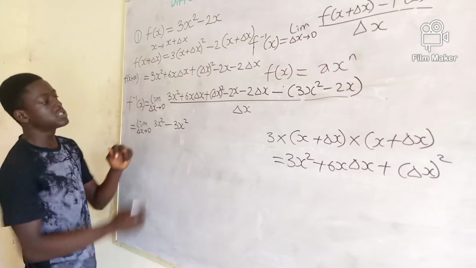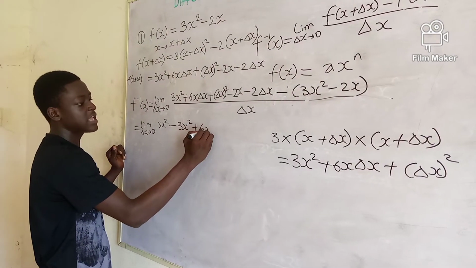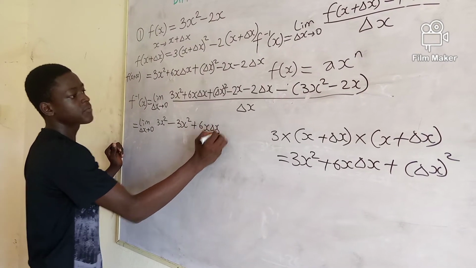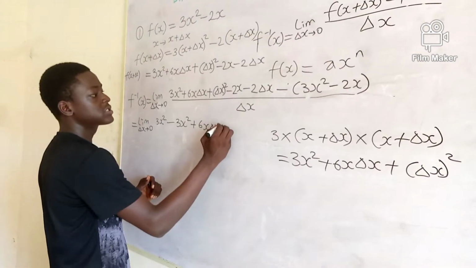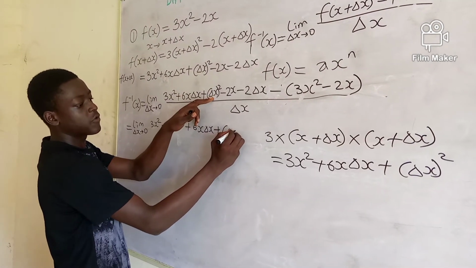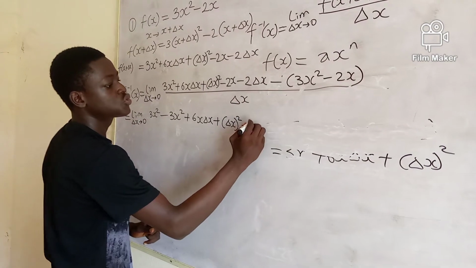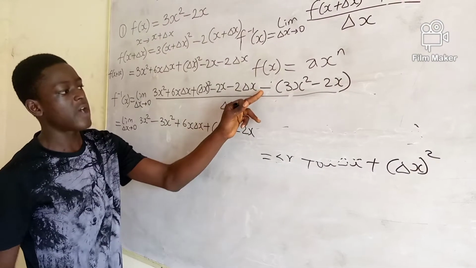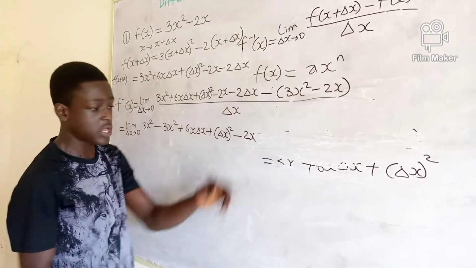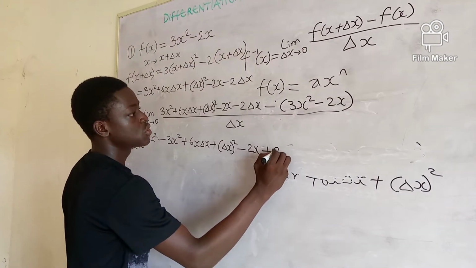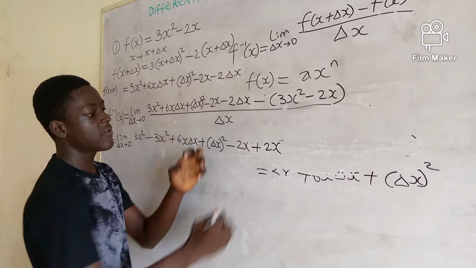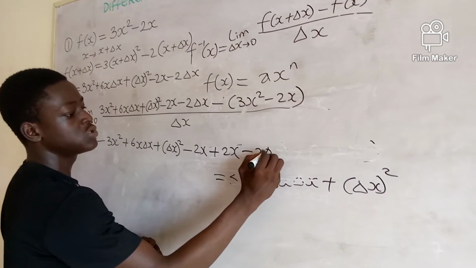Now we get back to this, plus 6x dx plus dx squared from here minus 2x. Now remember, we have a minus sign here. Minus times minus 2x gives us plus 2x. Now we have our minus 2 dx.